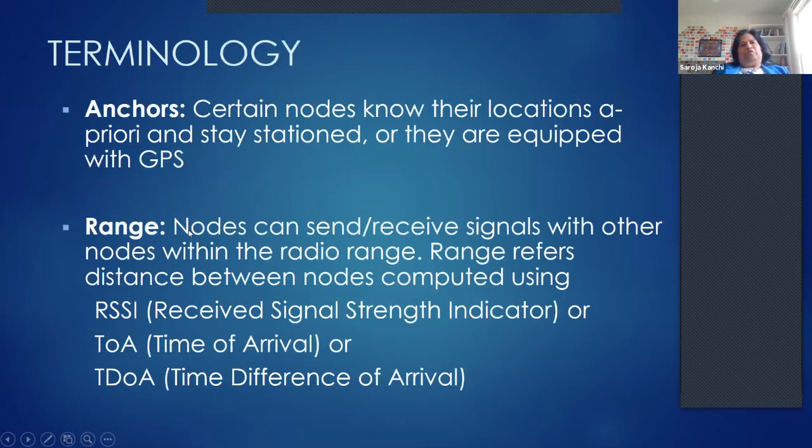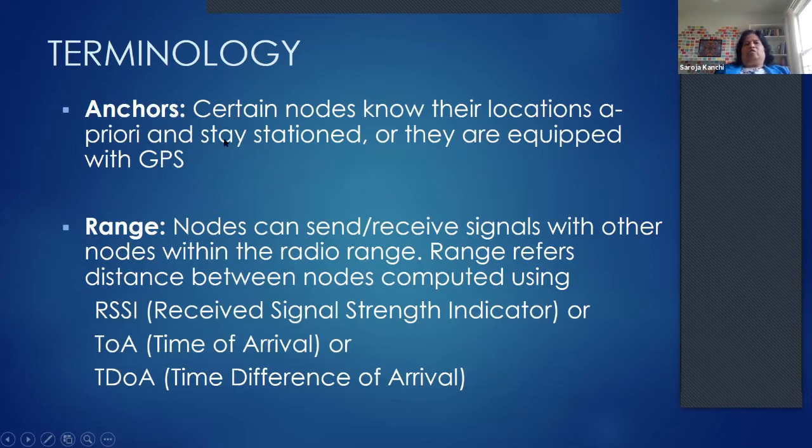So I'd like to define two technical terms before I continue, because these will be coming up along the way quite a bit. First, the word anchor. We talked about sensors not knowing where they are, not equipped with GPS. We do equip certain nodes with GPS, not all of them, and these special nodes are called anchors. These help us localize the unlocalized nodes in the network.